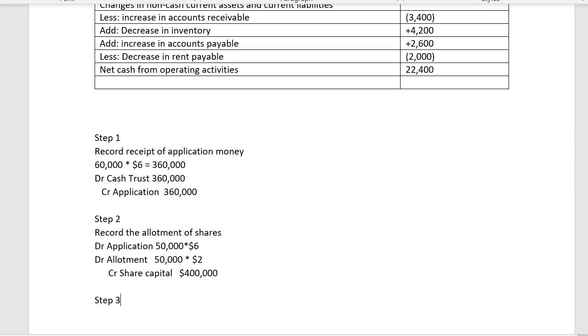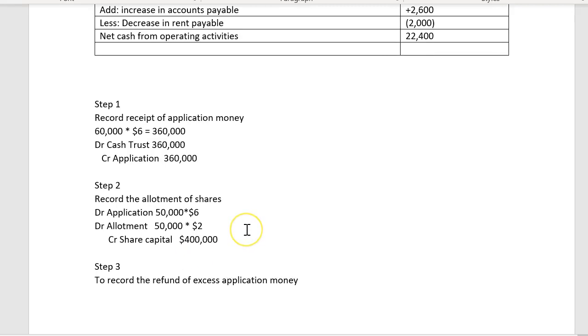Step number 3 is to record the refund of excess application money. Why do you need to refund? Keep in mind, they issued 50,000 shares, but they received 60,000 applications. So they need to refund 60,000 minus 50,000 times the application amount, which is $6.